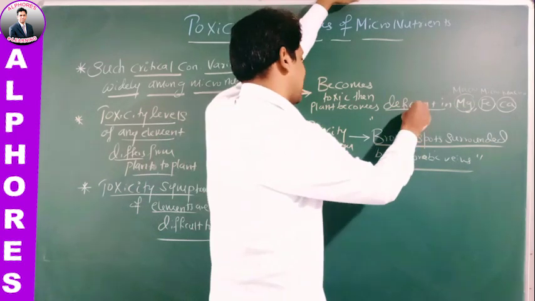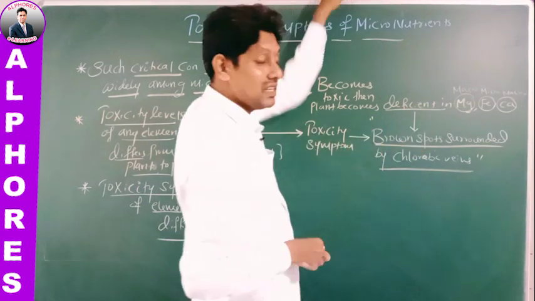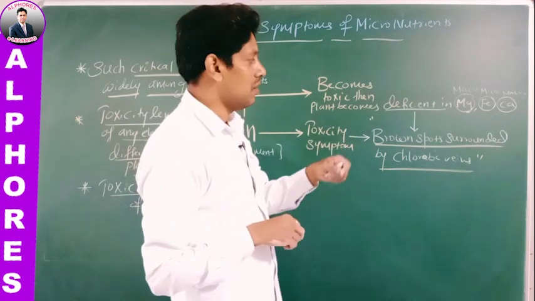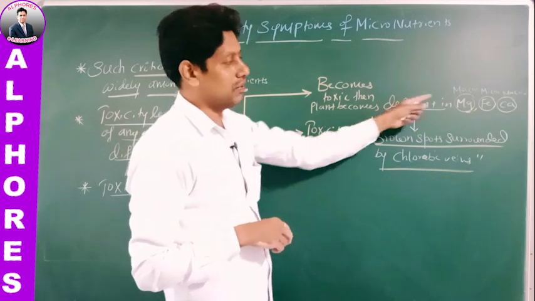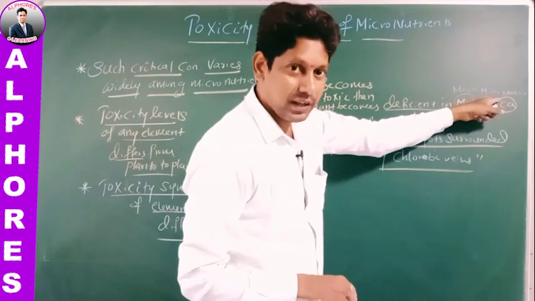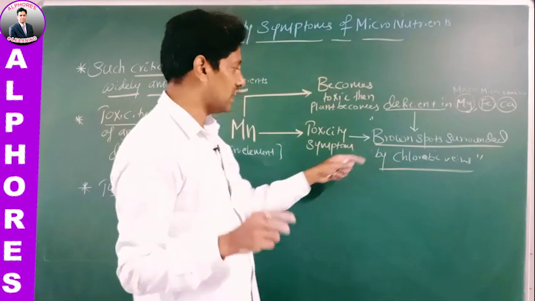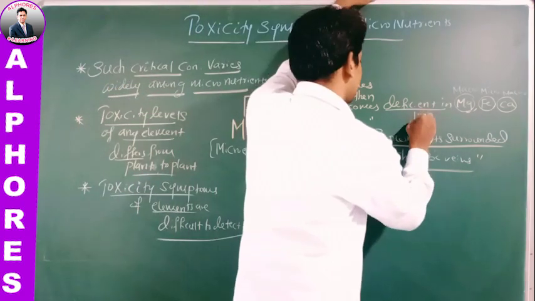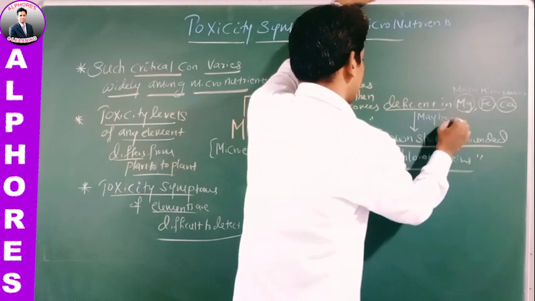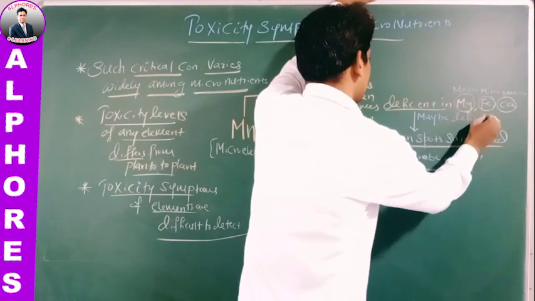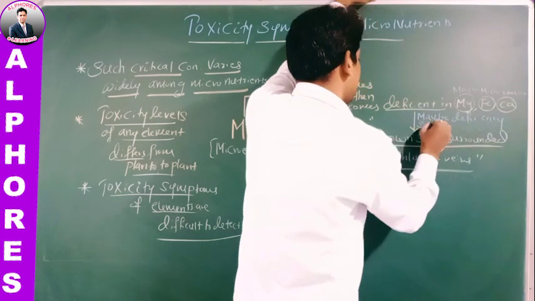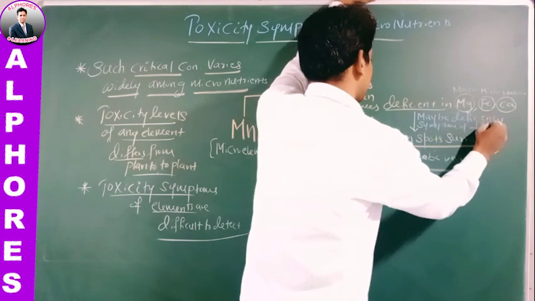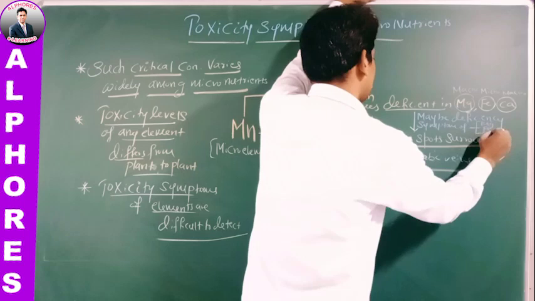Therefore, these brown spots surrounded by chlorotic veins may even be a deficiency symptom of magnesium, iron and calcium.